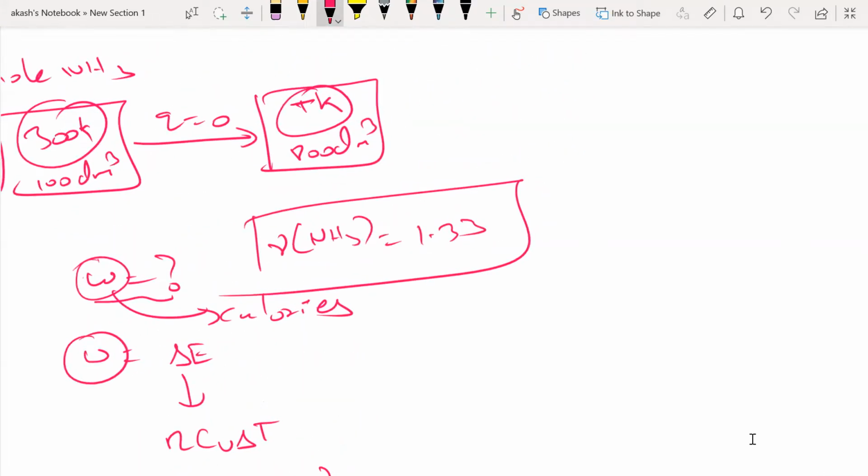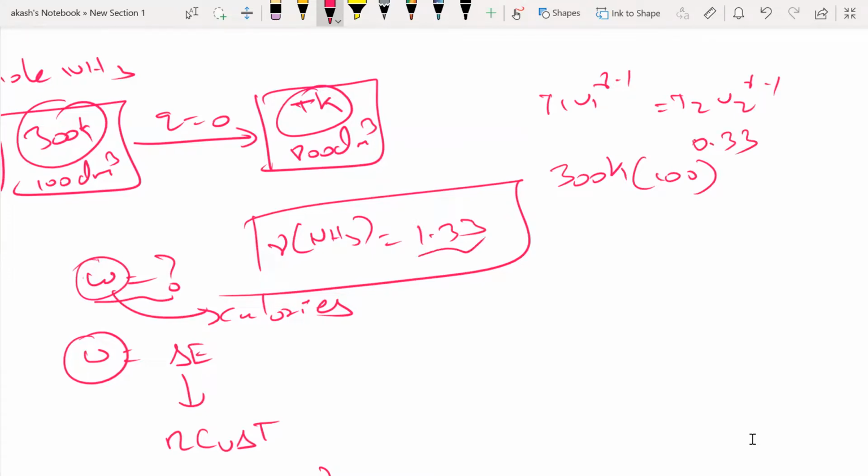Calories. Okay. Fine. So again, the equation T1 V1 power gamma minus 1 equals T2 V2 power gamma minus 1 is the formula we have to use, right? So T1 is 300 Kelvin. Initial volume was 100 decimeter cube, the whole to the power gamma minus 1. Gamma minus 1 is 0.33 because gamma value is 1.33.